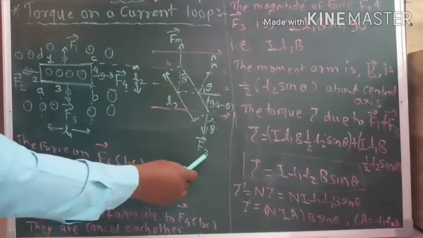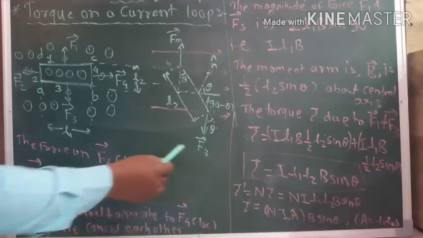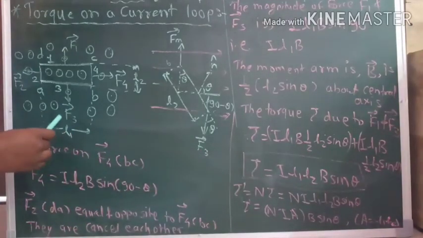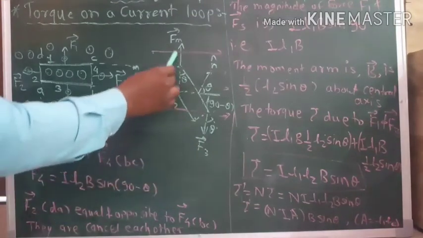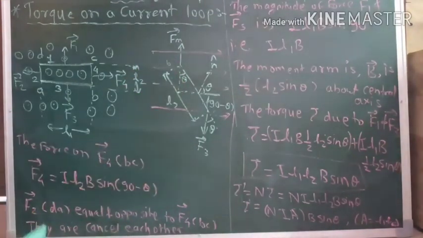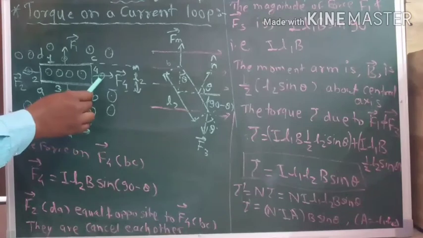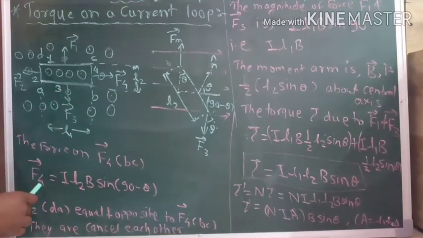Similarly, there is F3, the magnetic force on the third side, that is the third side along the wire EB of the loop. Then from this side view, we write the force on the fourth side. Therefore, F4 vector is equal to, as we studied in the previous lecture, the magnetic force ILB sine of theta.